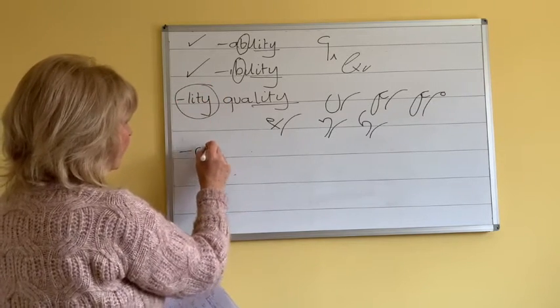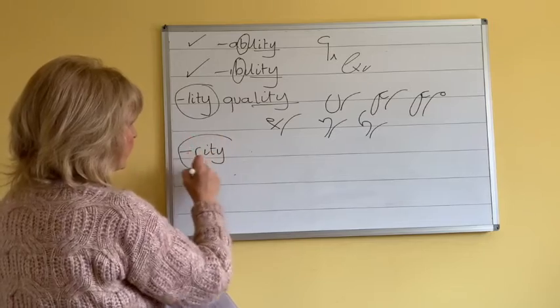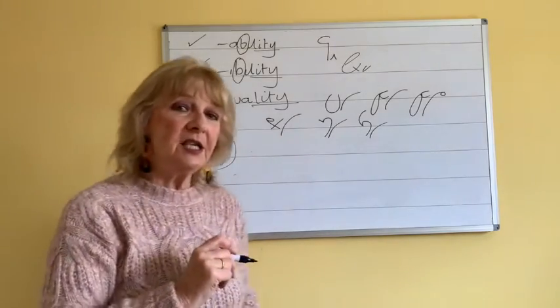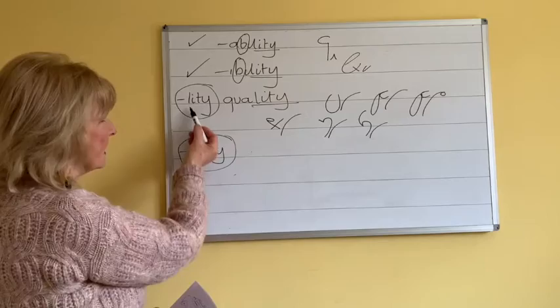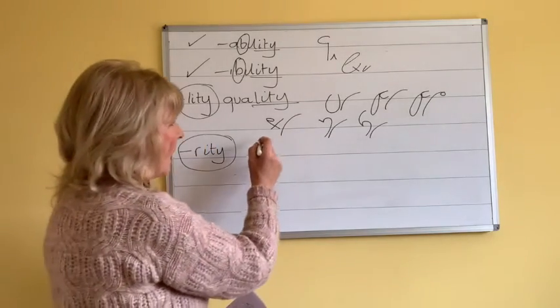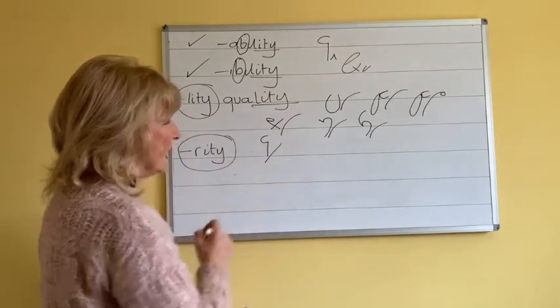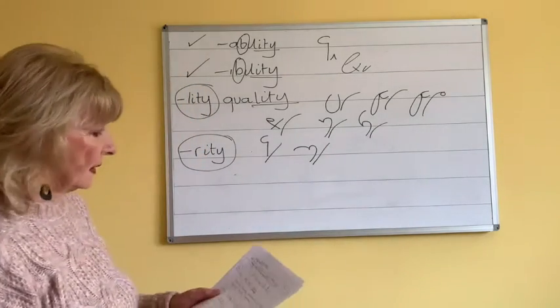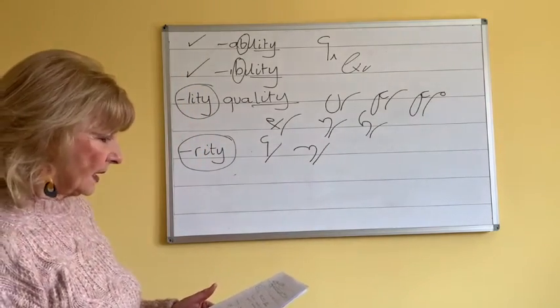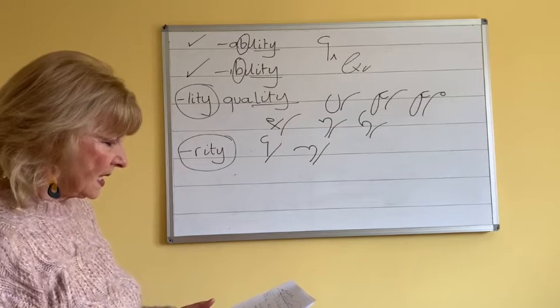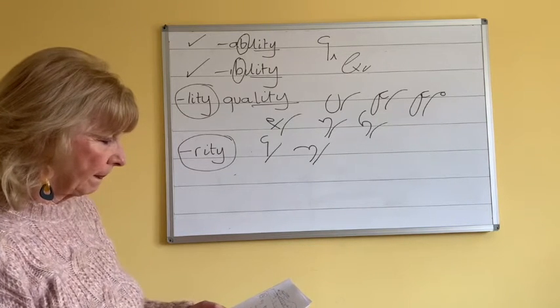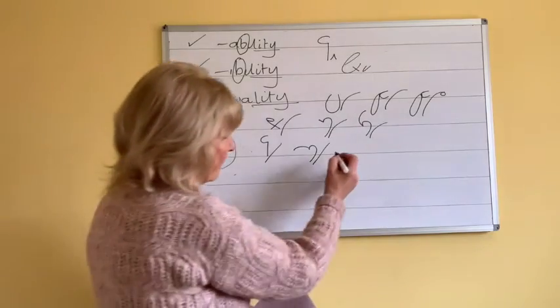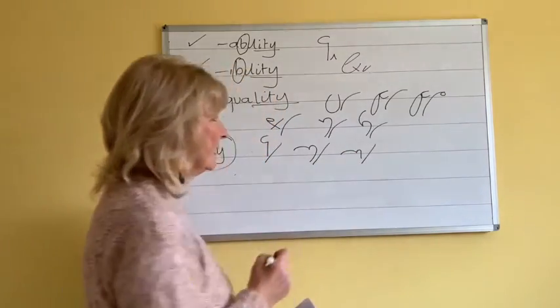And ritty. Same principle, this time disjoining the R instead of disjoining the L. So I might want to do charity, majority, minority.